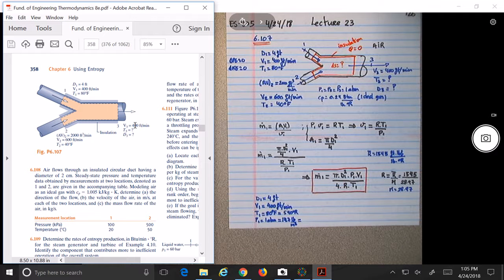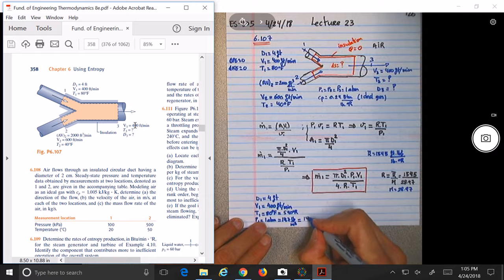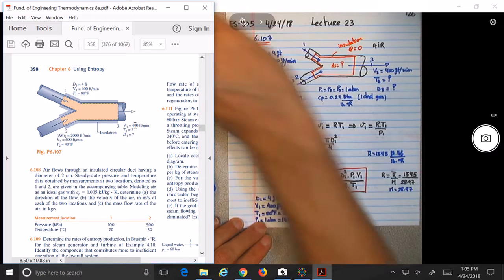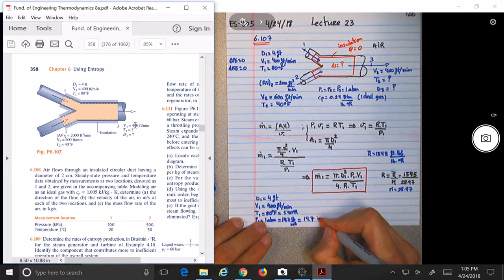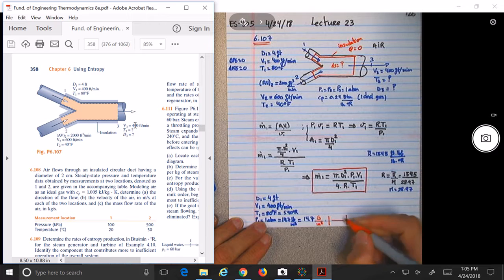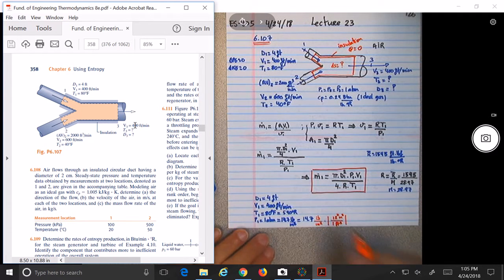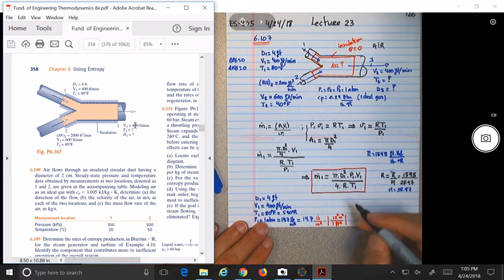So we need to move that to 14.7 lb per square inch. What do we need to do? 1 foot square will be what? 144 inches square. So what do we get? 2,116.8.